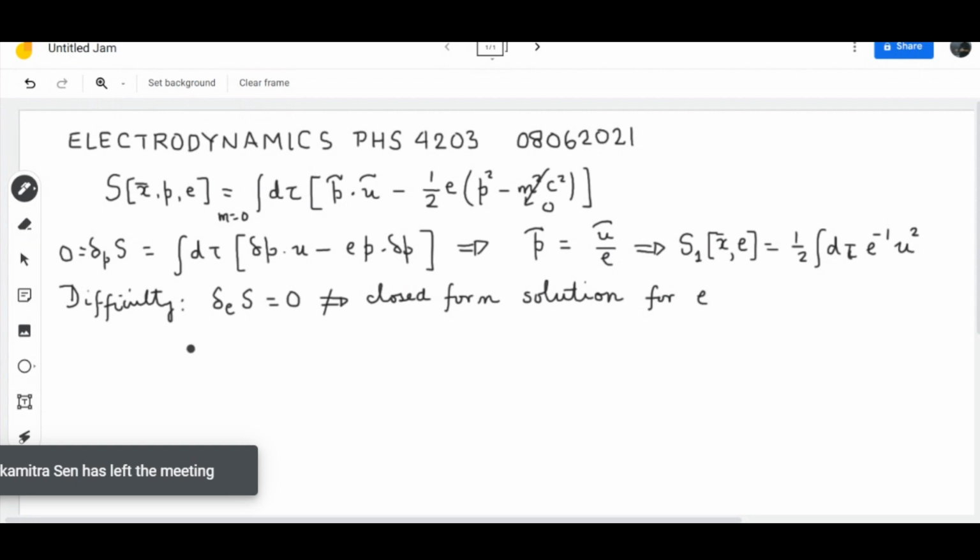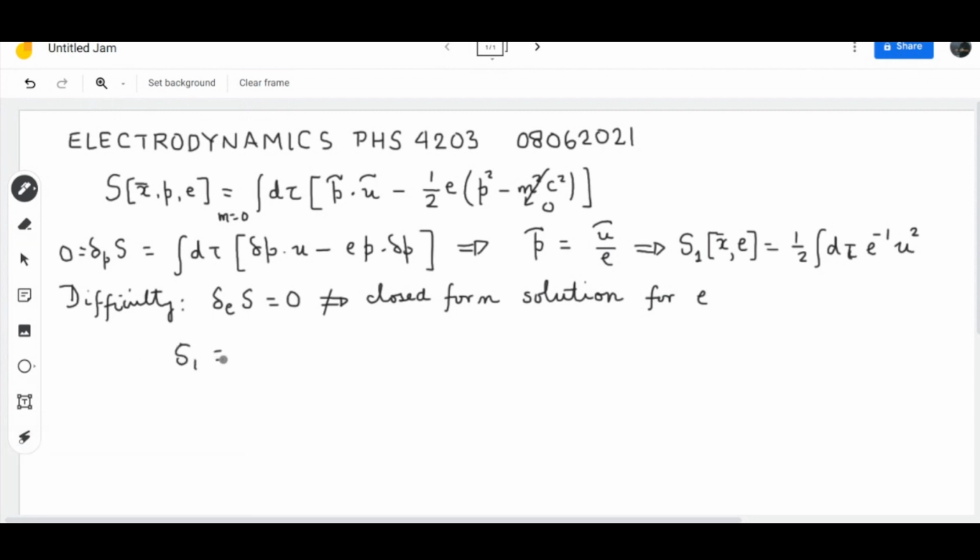Now look at this equation. So we look at S1, half integral, so everything is a function. E is a function of tau, u is a function of tau, right? And what I'm going to do is to show you that this action has an invariance.